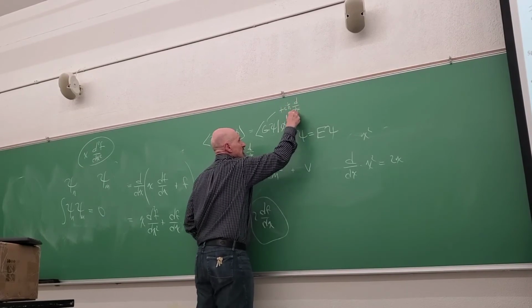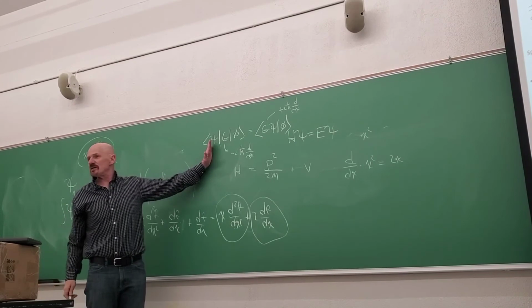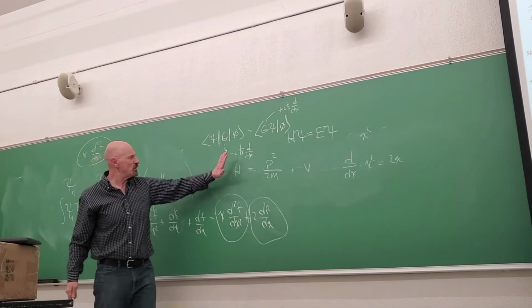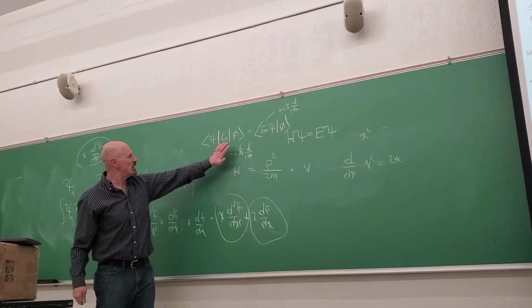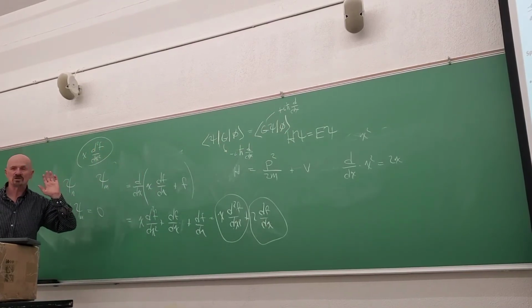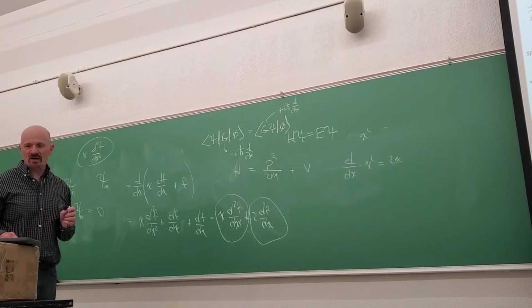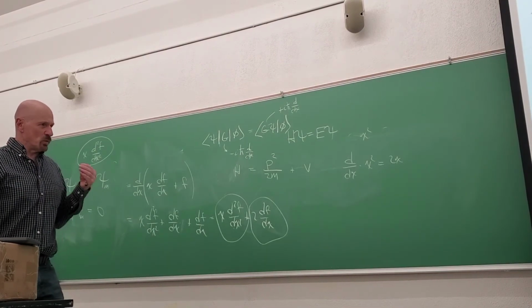So this first vertical line means everything to the left of it is a complex conjugate. So if the operator is complex, then when you put it over on this side, you change it. Remember, to make a complex conjugate, you turn every i into a negative i, you turn every negative i into a positive i. Okay? And then those two things will be guaranteed, and that will be tremendously advantageous to us.